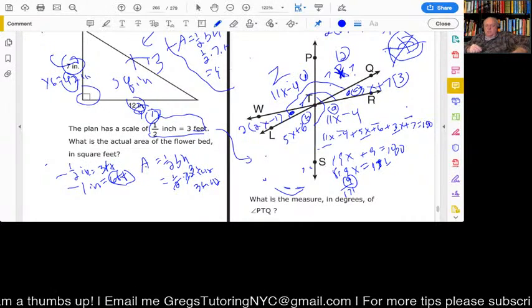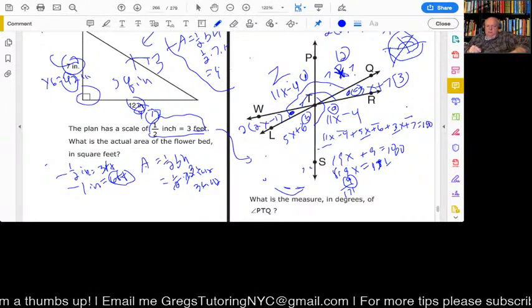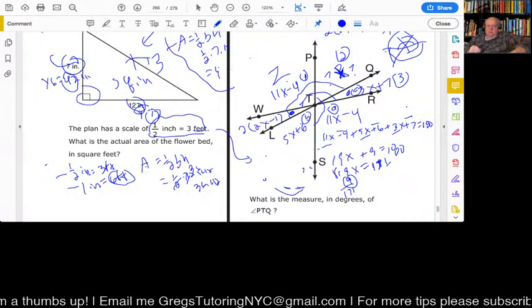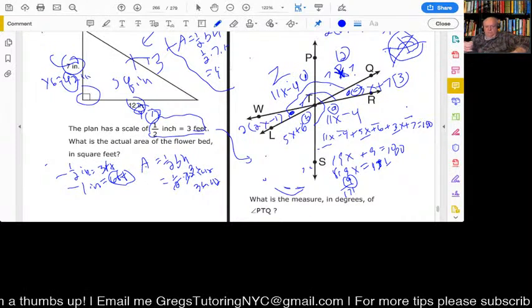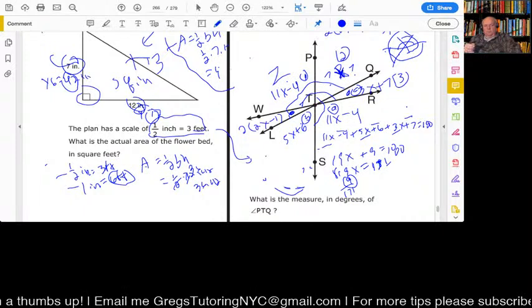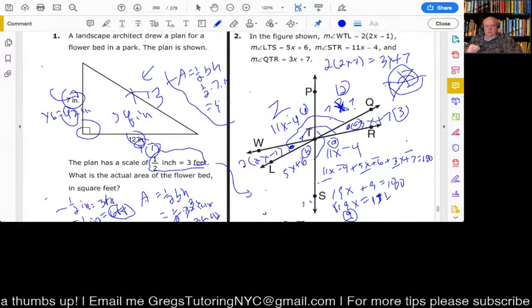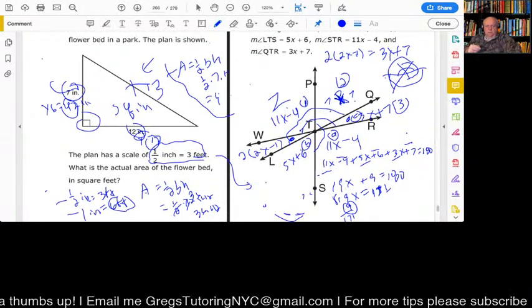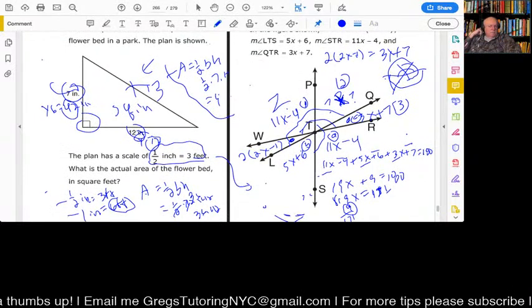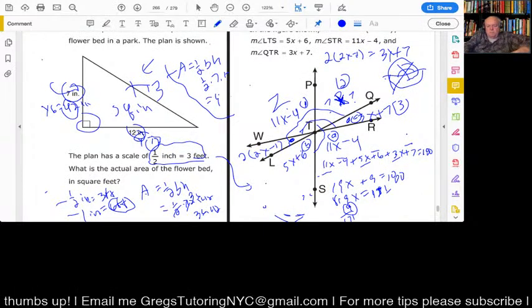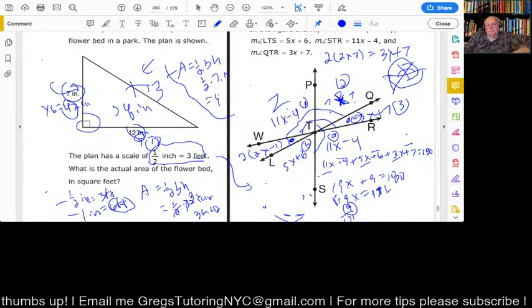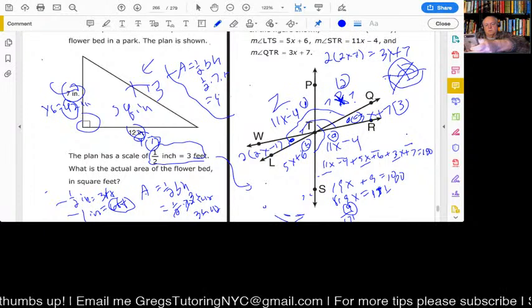Now that we have x being 9, we have to come back and fill out some of the other angles, right? So we can come back up to here and maybe do some of that. What was the answer to the first question? Okay.